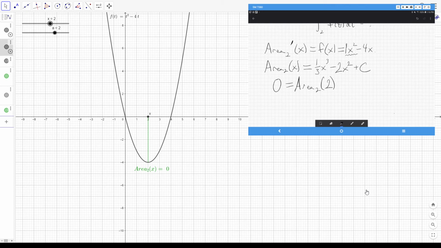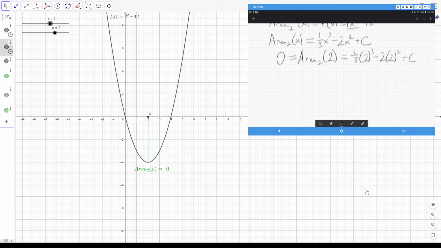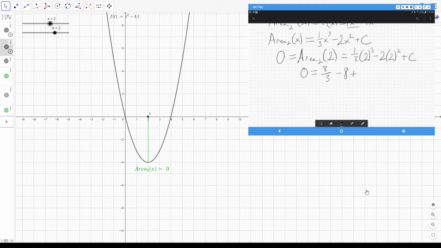And then based on what I wrote in the line above, we can also plug 2 in everywhere for x and conclude that we should also get 1/3 times 2 cubed minus 2 times 2 squared plus c. Right, and so if we unite the left and right hand sides, we get 0 is equal to 1/3 times 2 cubed, that's 8 thirds, and then 2 squared times 2, that's minus 8, plus c.